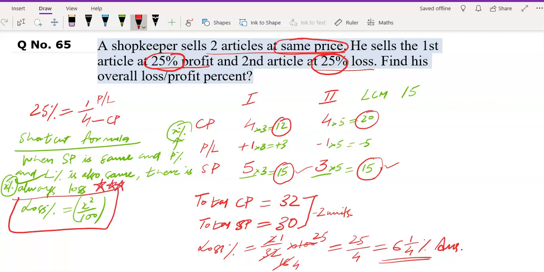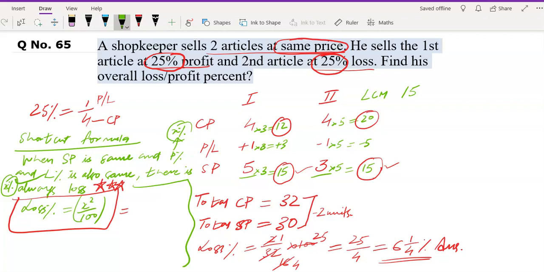Now in this question, our selling price is same and the profit and loss percent is also same. Profit and loss percent is 25%. So loss percent is equal to X square.